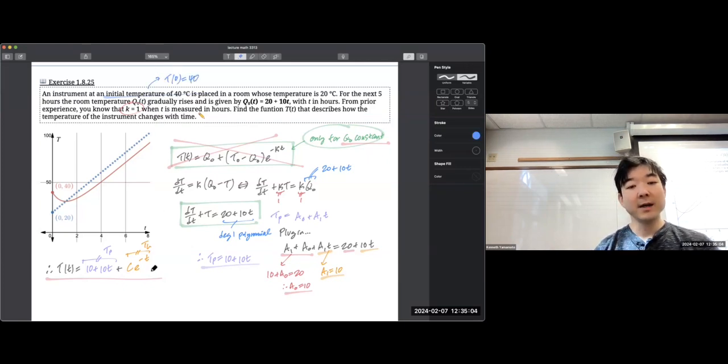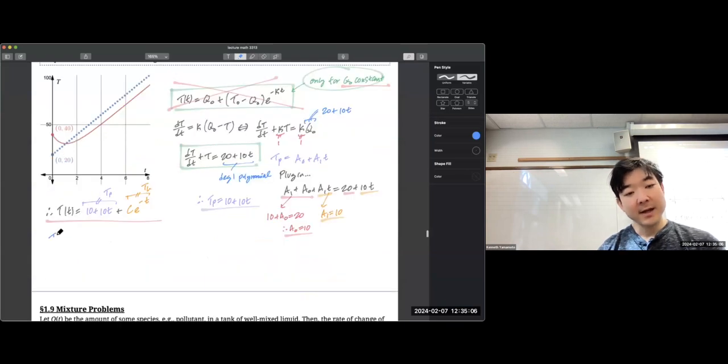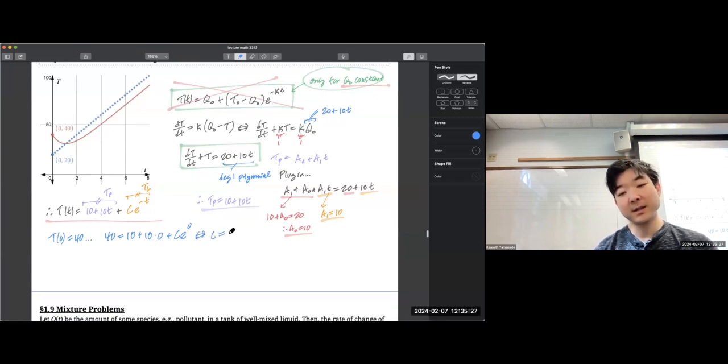So let's use that. If the initial temperature of the object is 40, this is like saying 40 equals 10 plus 10 times 0 plus C times e raised to the 0, because negative 0 is 0. And this is like saying that C is equal to, 10 times 0 is 0, so it'd just be 40 minus 10, which is 30.